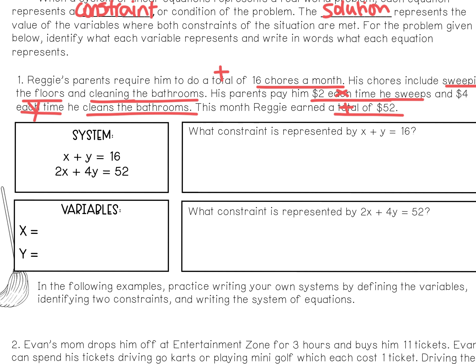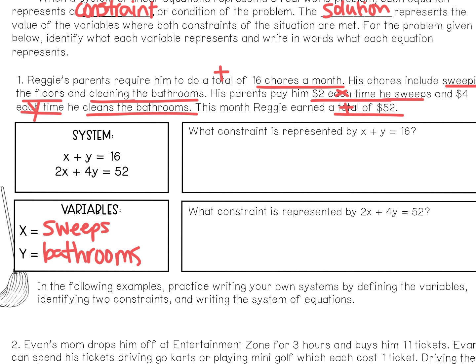So what do we want X to be? Well, we marked X. We could say this is the number of times he sweeps. And Y could be the number of times he cleans the bathroom. So what is our constraint? So they're giving us X plus Y equals 16.